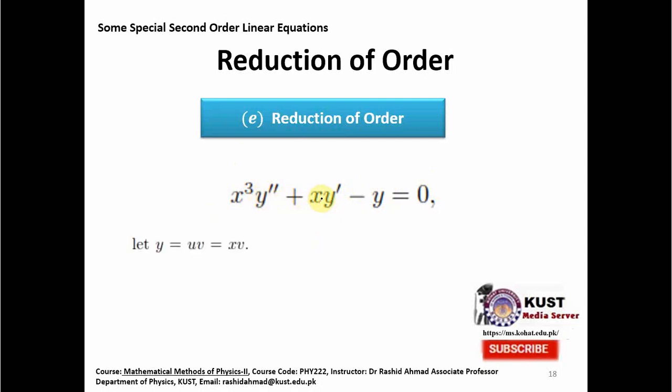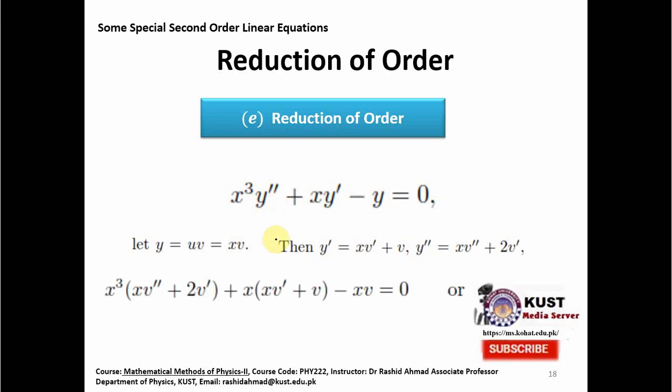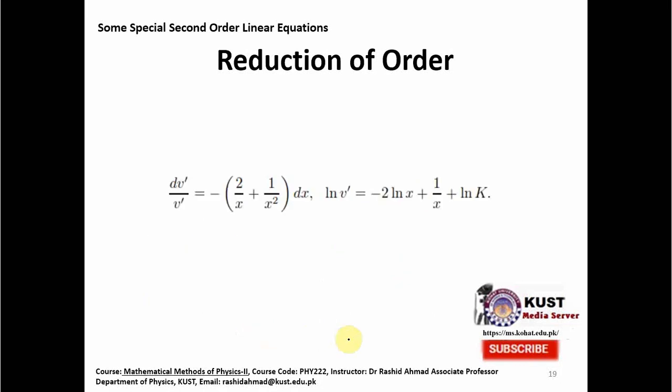And if you want to reduce it, let y equal uv, or equal xv, and then you can calculate y prime and y double prime from this substitution. And if we make this substitution there, then this equation turns out to be this one, and we reduce it to this form, x to the fourth v double prime plus 2x cube plus 2x square v prime equal to 0.